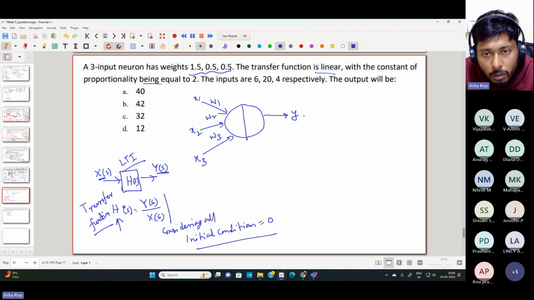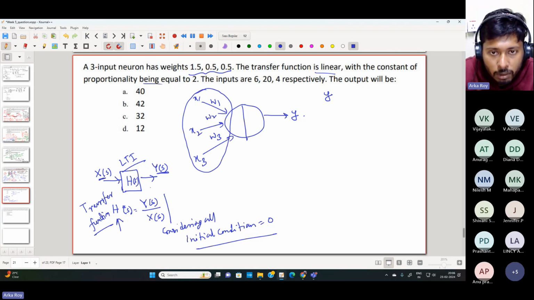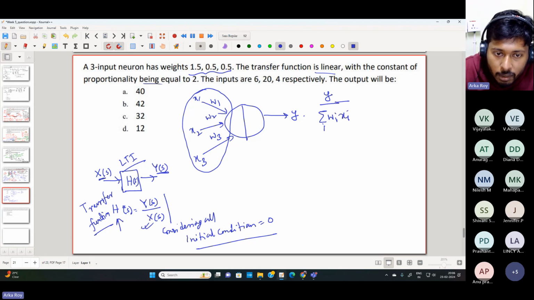So from here, if this is the neuron, it gives you the output Y, and it takes the linear combination of these inputs. That means W1 x1, W2 x2, W3 x3. So the transfer function is y divided by the sum of wi xi from this particular analogy. This is the output and this is the input.